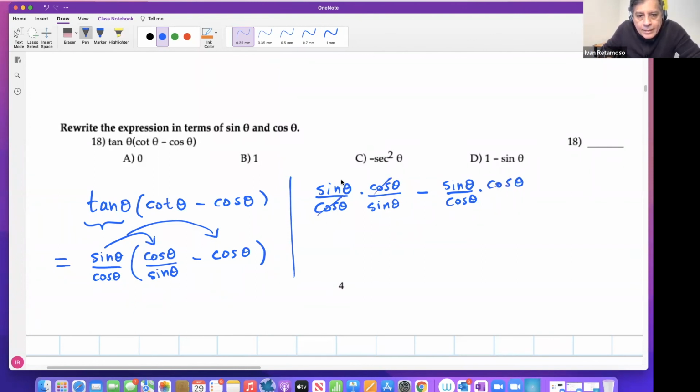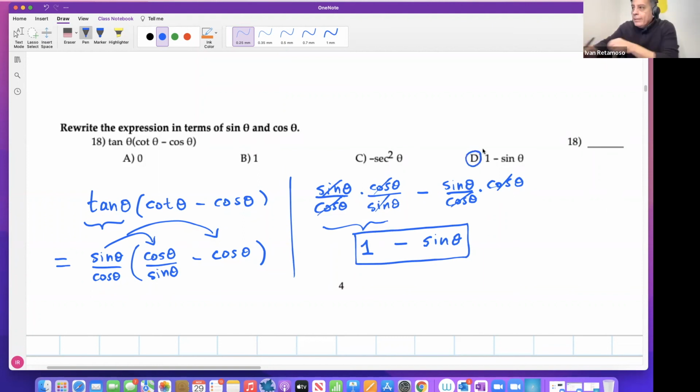Eliminate these guys, eliminate these guys. This is just 1, right? 1. Not 0, 1. Okay, be careful there. This cancels with this, sine of theta. So 1 minus sine of theta, right? This is what is left after simplifying. So this guy, right? Very good, very good.